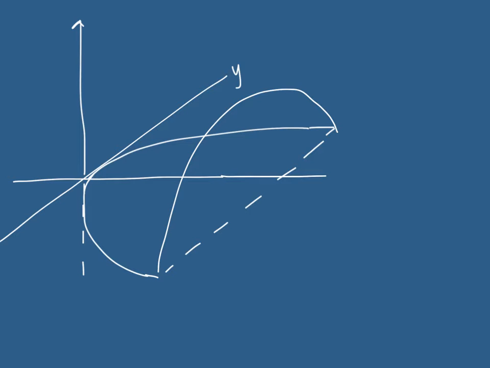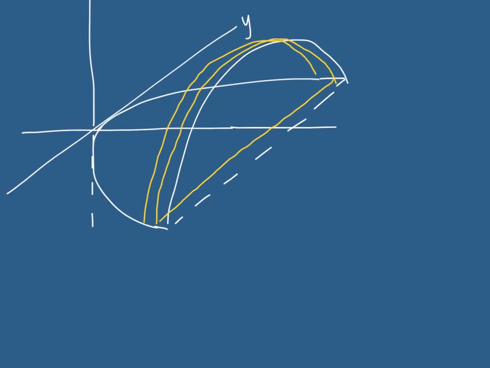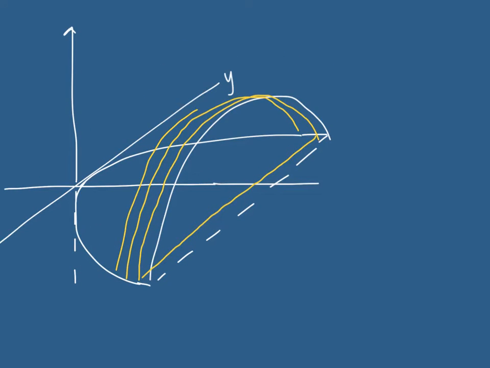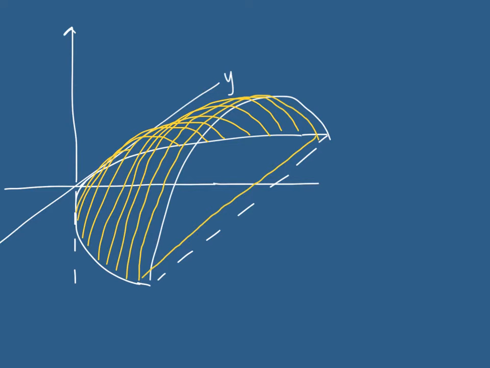And then the next slice right behind it would be a slightly smaller semicircle. And the next slice behind that would be slightly smaller. And each time we work our way back, our semicircles are getting smaller and smaller all the way back.